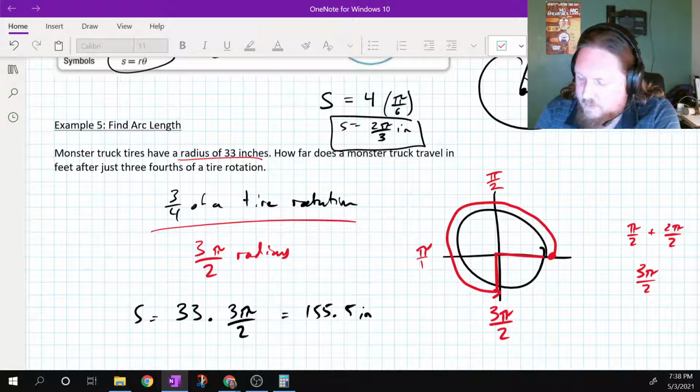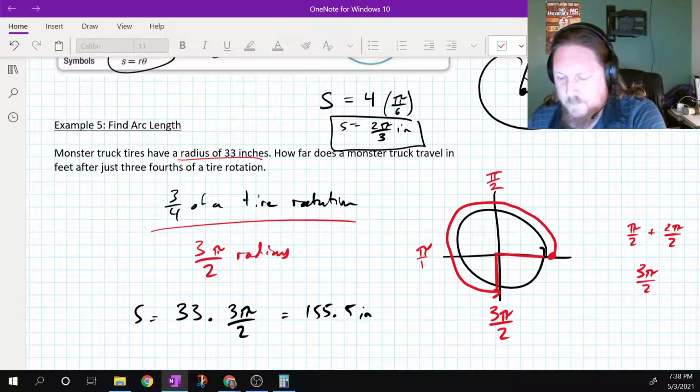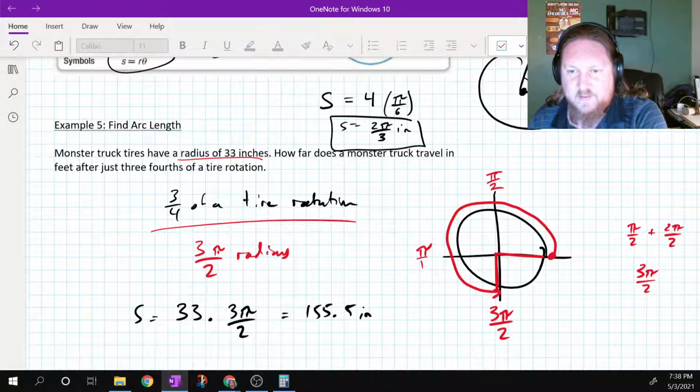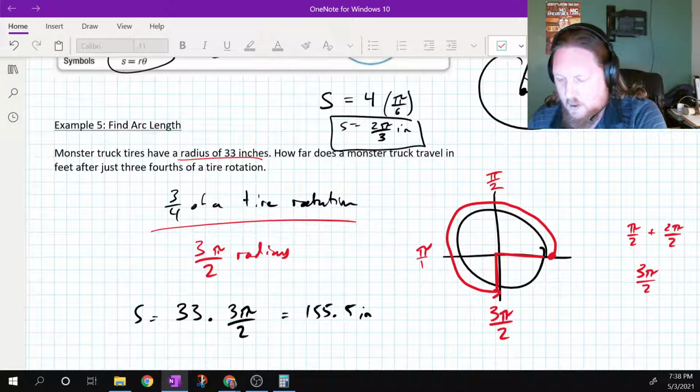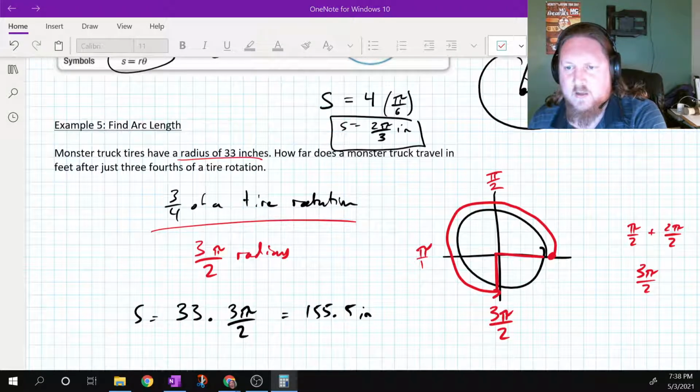155.5 inches. Now, 155 inches, I don't really know how much that is, so I'm just going to divide that by 12.